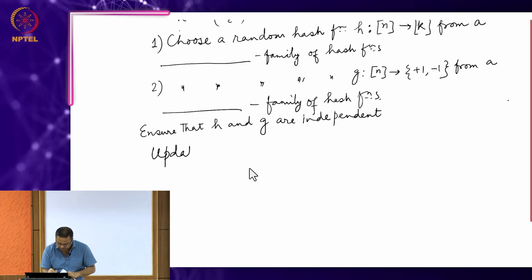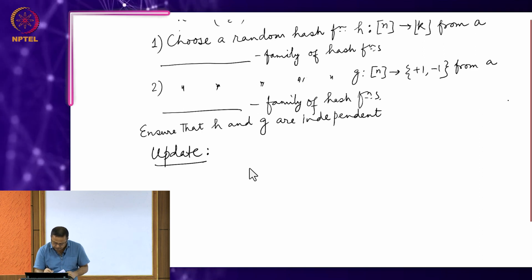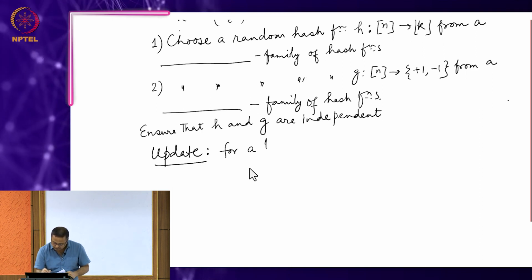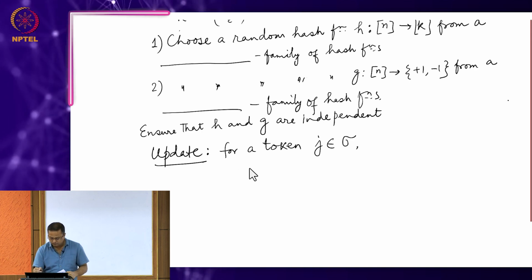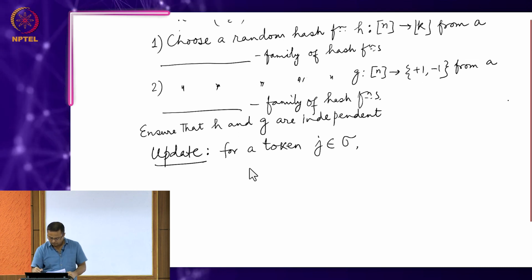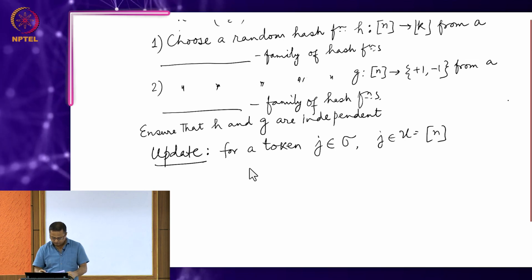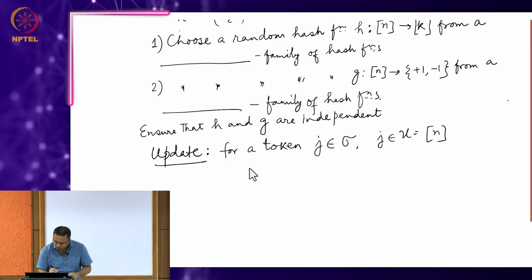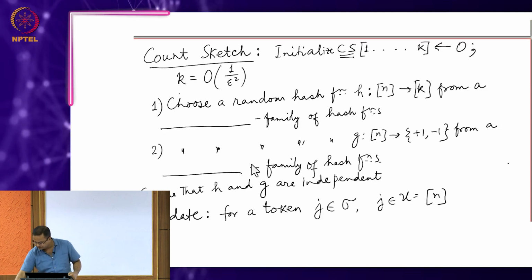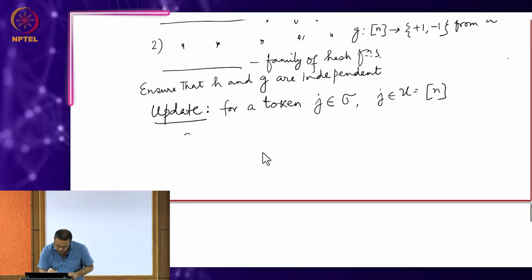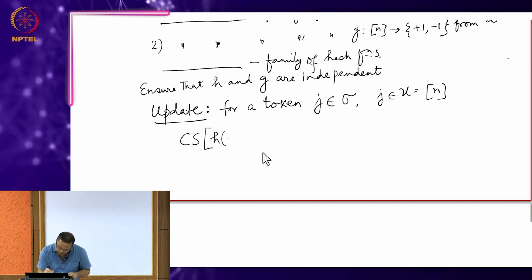So, what you now do, whenever you see a token j, which belongs to this universe of size n, remember, for this array CS, you go to that location.